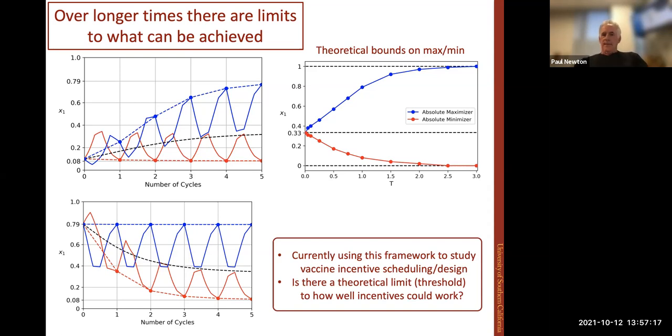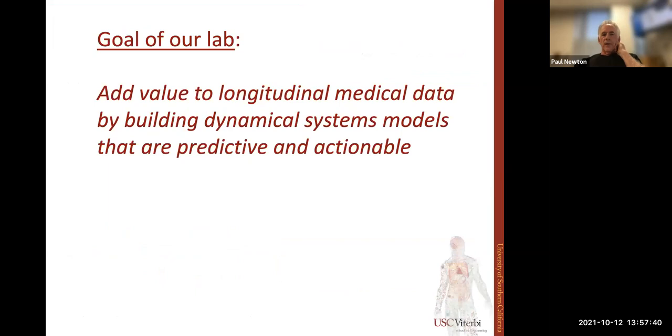So again, incentives would just be time-dependent schedules that change the fitness landscape, meaning the entries of the payoff matrix between the two populations, vaccinated and unvaccinated. So we're using data from the CDC, and we are designing optimal schedules to see if we reach these limits. Okay, so those are the 3 problems that I wanted to share with you.